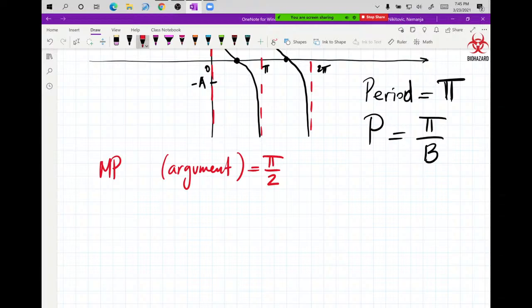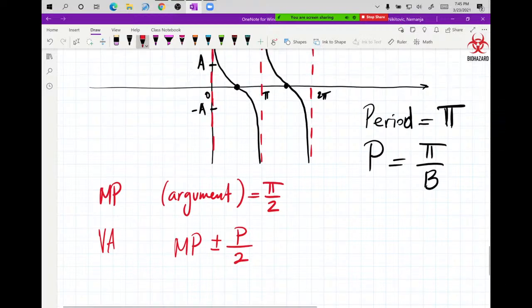And everything else works the same. You have your vertical asymptotes after this, and that's going to be midpoint plus minus half of the period. And go from there to get the two asymptotes and everything else. So everything pretty much is the same as tangent.